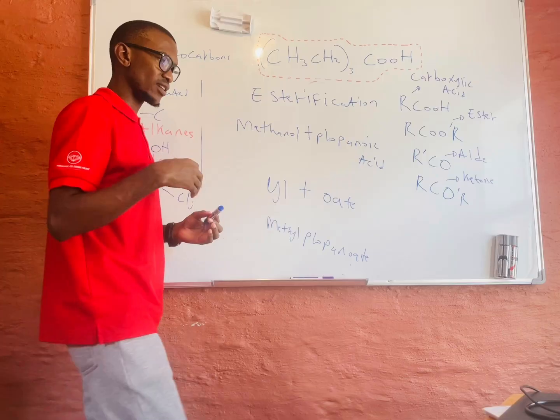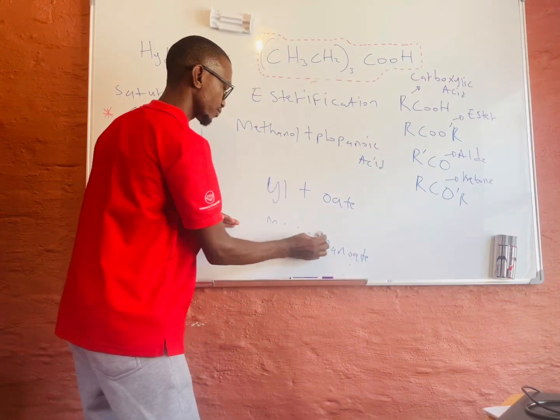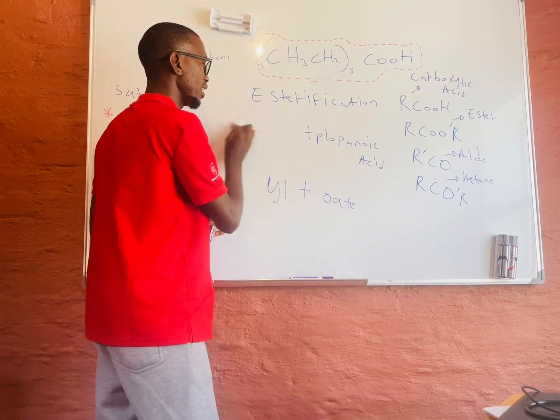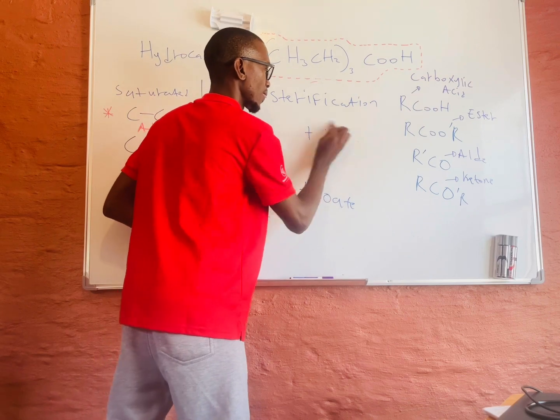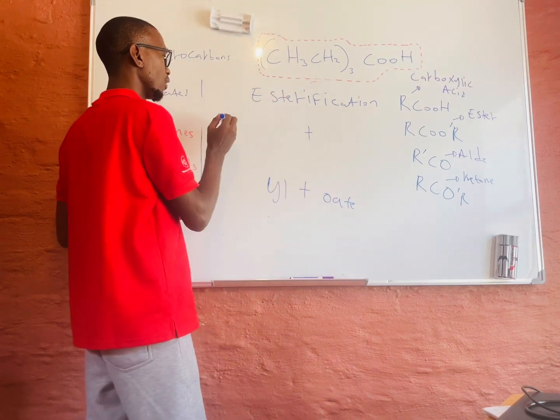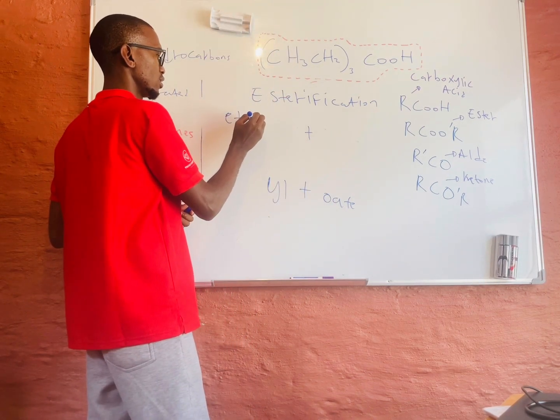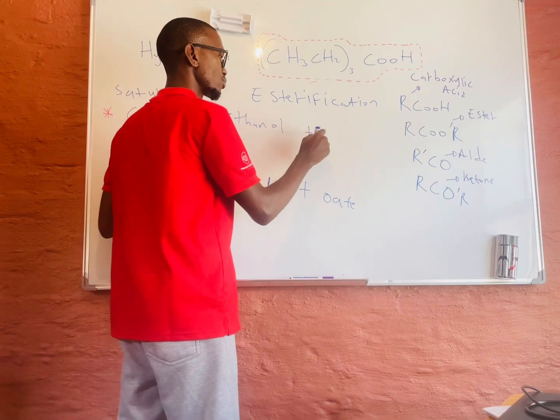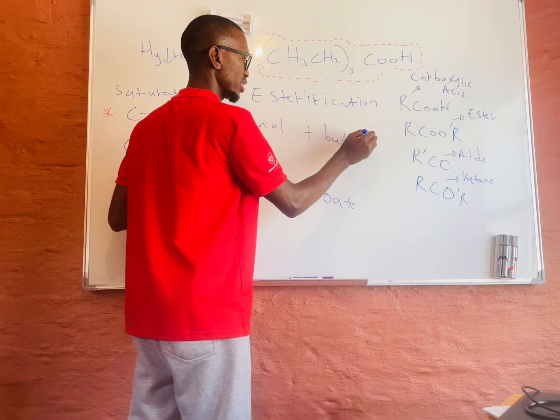Can we also think of another one? I'll come back to this one so that people can have a better understanding. How about we think of ethanol, which can react with what? Butanoic acid.